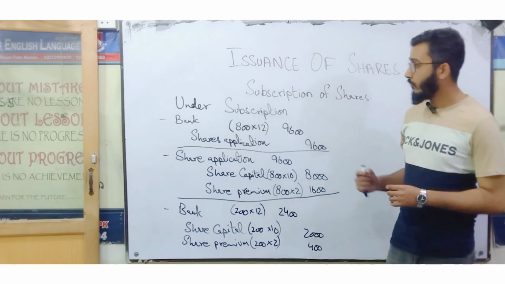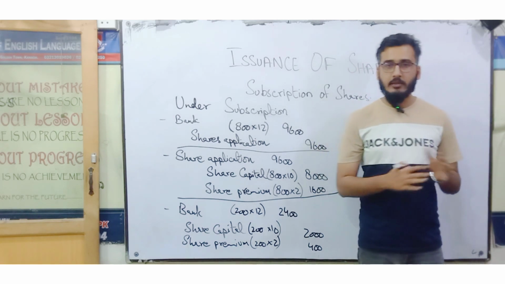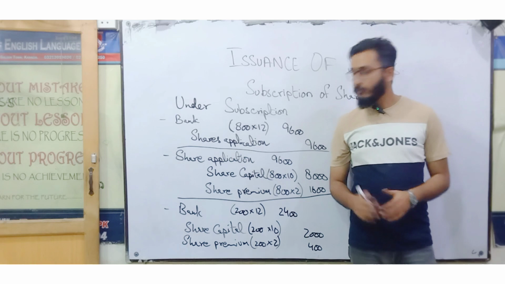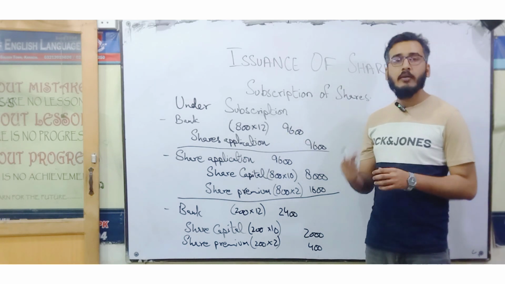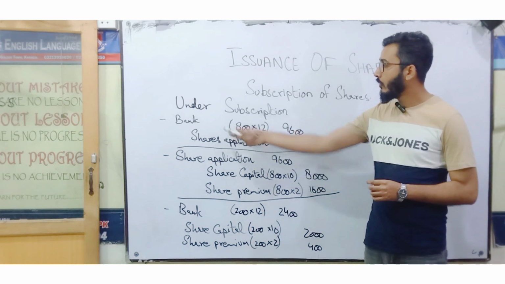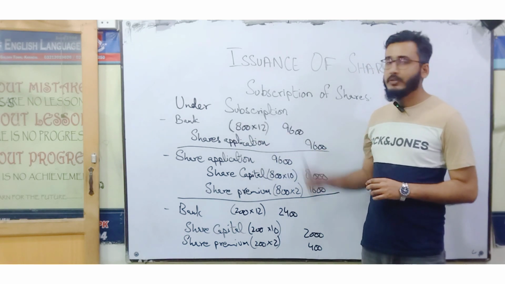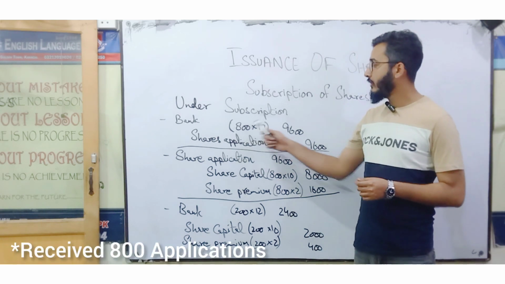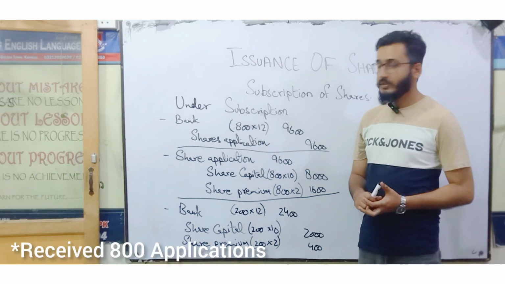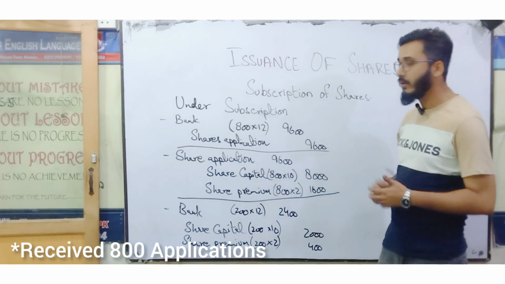Now we follow the same procedure, that we do not pass the offer entry here as well. Here we will pass the entry of the received applications. The bank has received 800 applications, as you saw in the question. 800 into 12 is 9600, so the share application shall be credited by 9600.